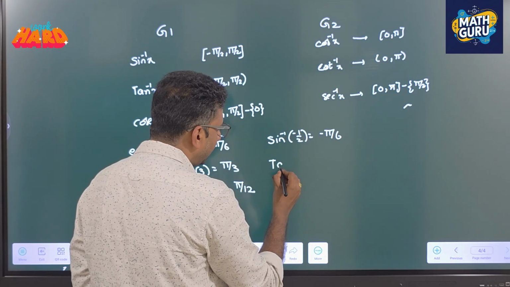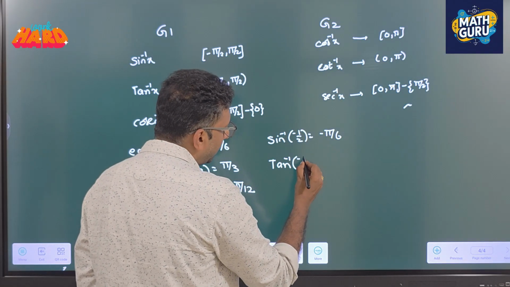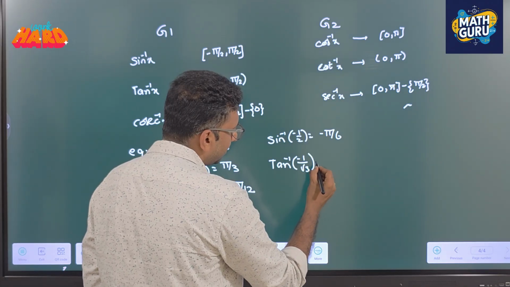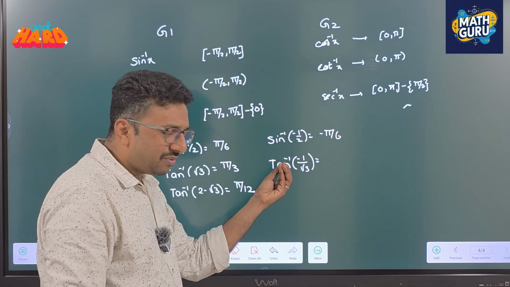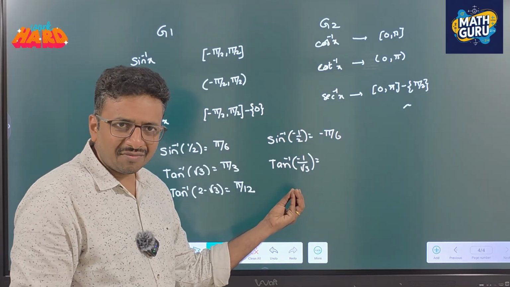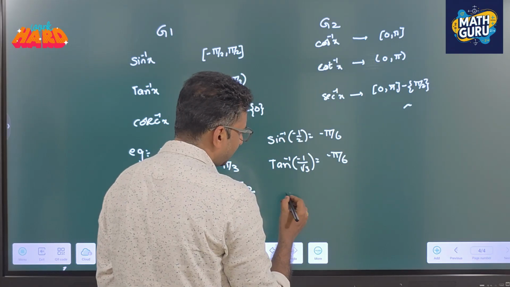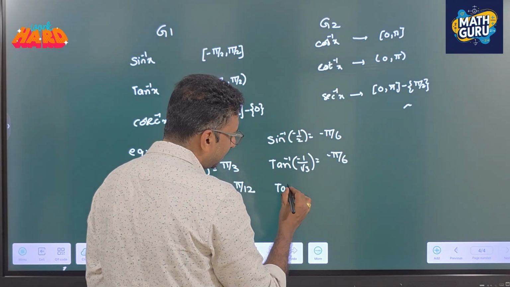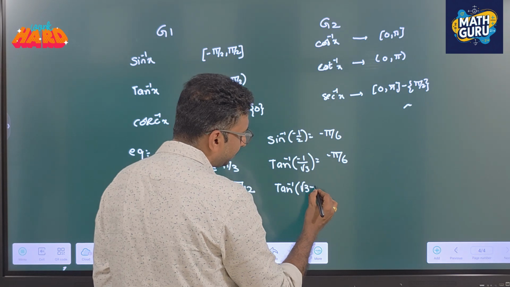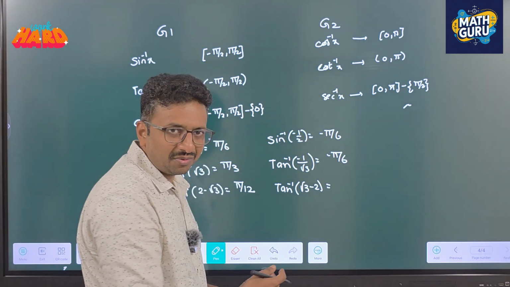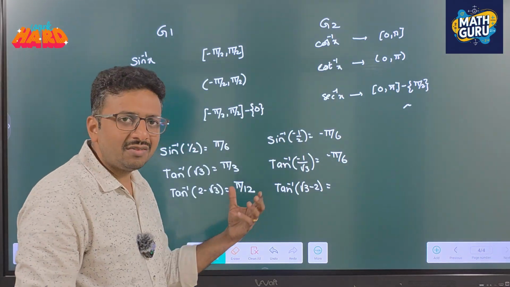Similarly, tan inverse of, maybe, minus 1 by root 3 is simply the negative of tan inverse of 1 by root 3, which is minus pi by 6. Similarly, tan inverse of root 3 minus 2. This is minus of 2 minus root 3. So tan pi by 12 is 2 minus root 3.